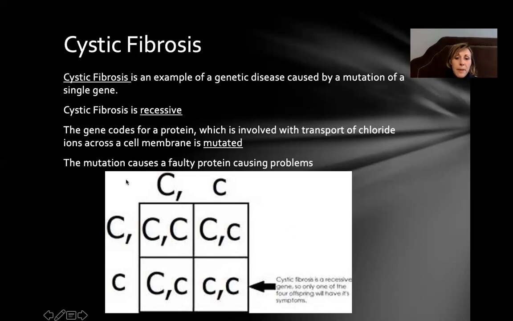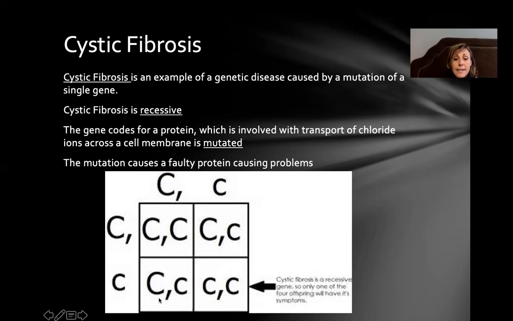And say both parents were, here's parent one, parent two, say they were heterozygous, so they did not have cystic fibrosis because they have that dominant allele, but they carry the gene. What would the percentage be if their child would have cystic fibrosis? This one would be homozygous dominant, they would have the normal protein.